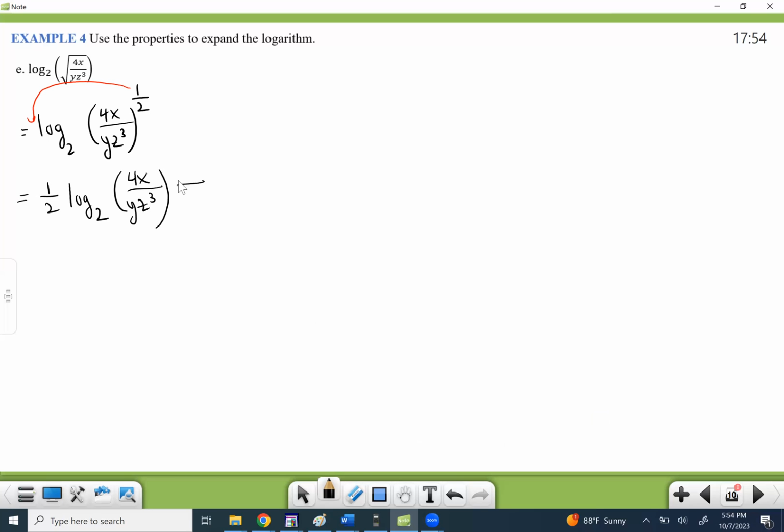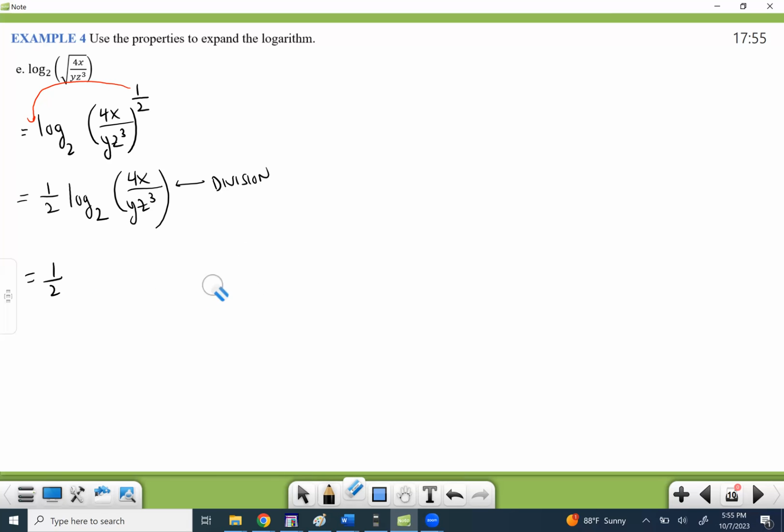Okay, so yes, we're going to totally take care of the division. So it's going to be 1/2 log base 2 of the top minus 1/2 log base 2 of, you know what, let's see if you can handle my method where we just go to the final answer.